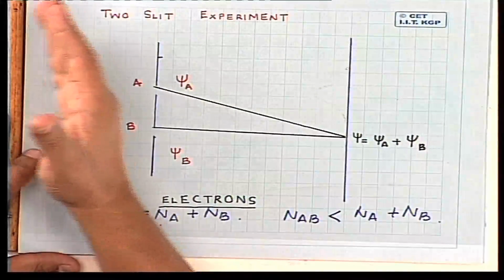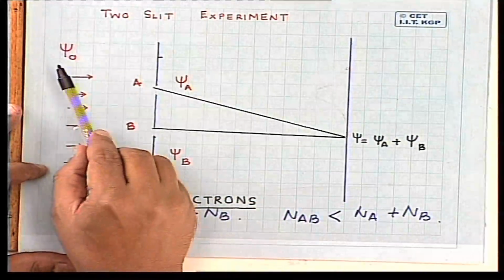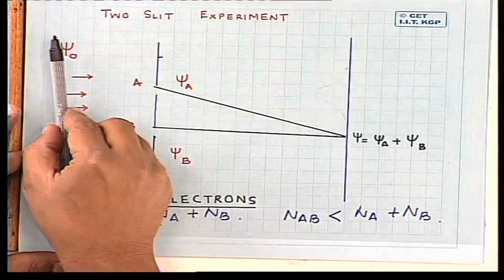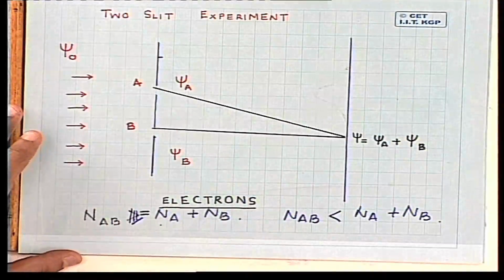So, now the explanation is not very difficult to provide. The incident beam of electrons over here is a wave. Let us denote that wave as psi naught. So, the incident beam of electron is actually a wave. The wave arrives on this screen over here.